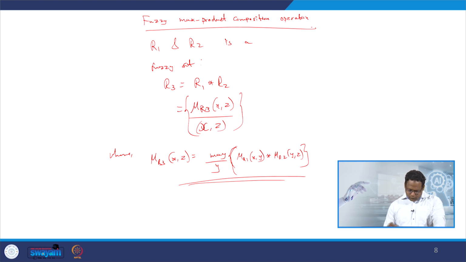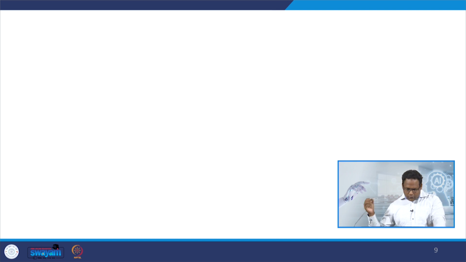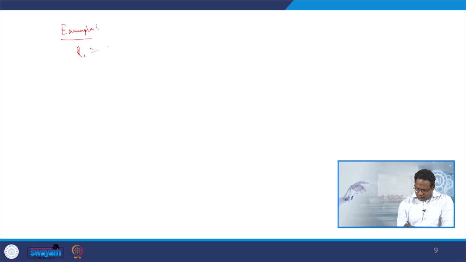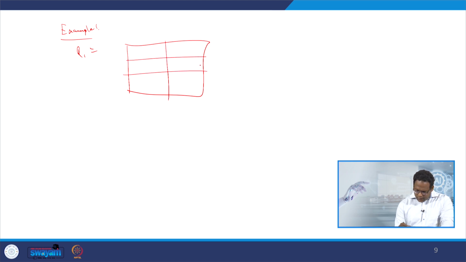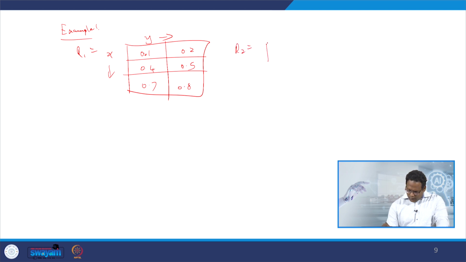Okay. So, now we will see the example given by the previous R1 and R2. So, now again we take an example where R1 is again given by the matrix for x and y, that 0.1, 0.2, 0.4, 0.5, 0.7, 0.8, and R2 is given by y cross z.